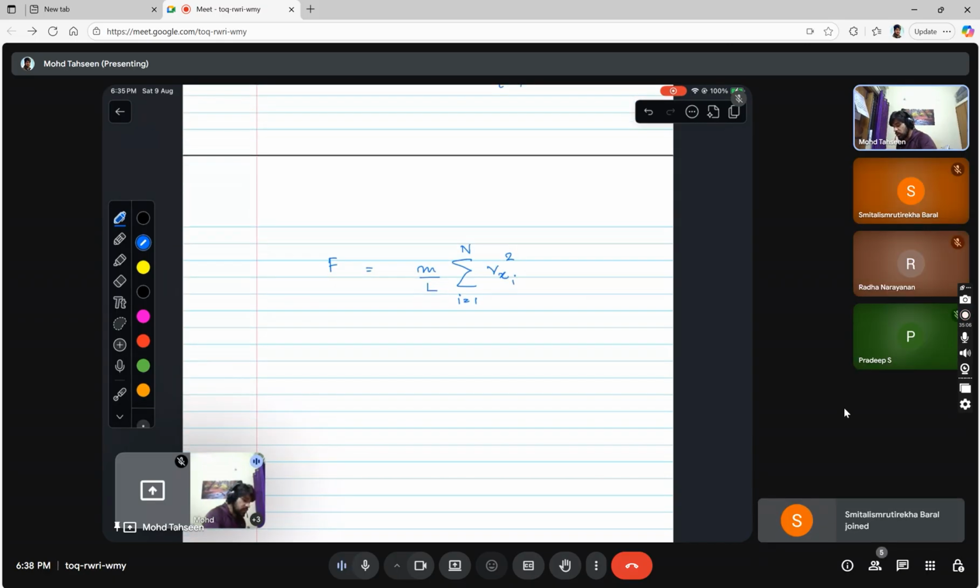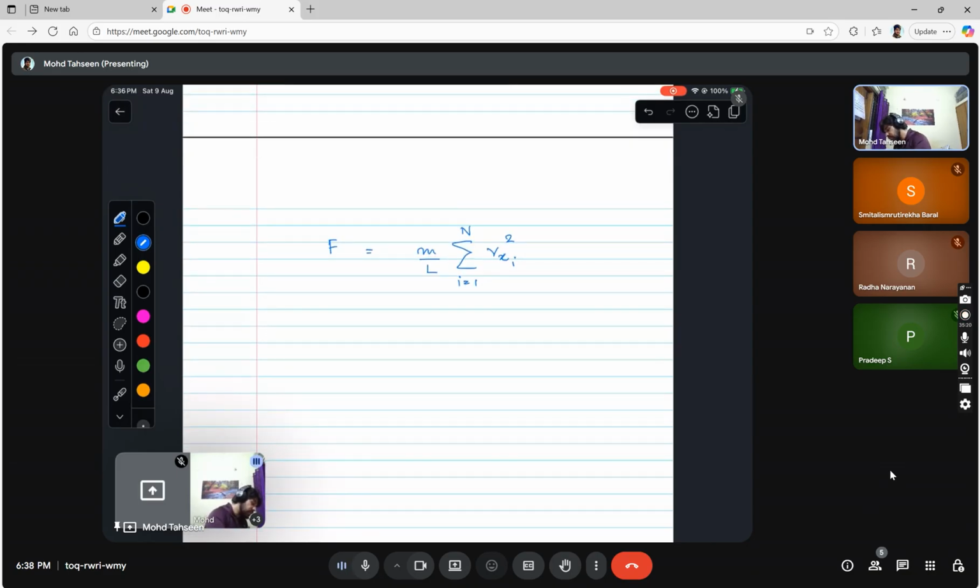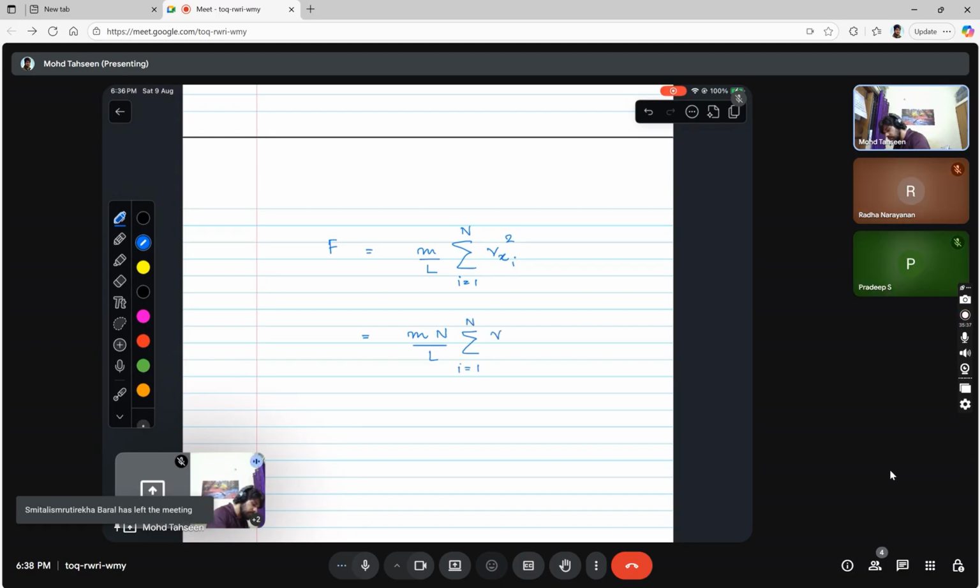And further we can divide and multiply by n. So this is equal to m times n upon L times the summation, i runs from 1 to n, of vxi squared divided by n.